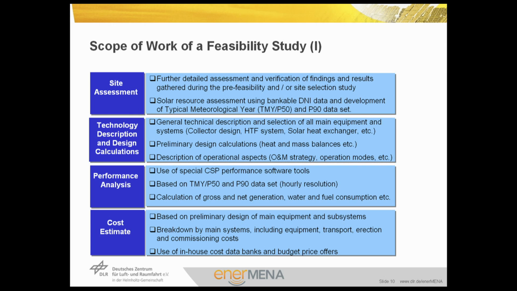Moreover, you have to ensure that you are not too optimistic in which you use various data sets in this regard. These data sets include the probability of solar irradiation. This is important because your plant will be directly linked to the solar irradiation. So based on a data set, hourly resolution, for example, the performance will be calculated.